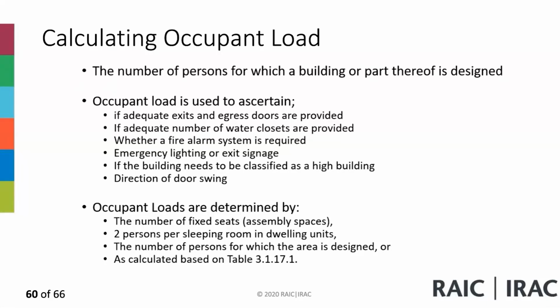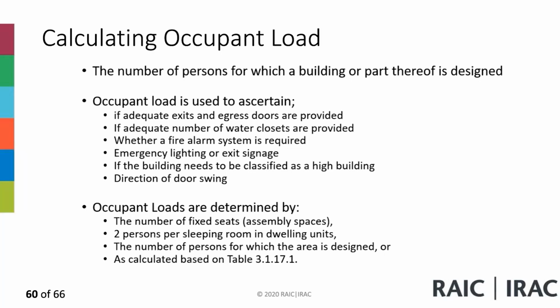The occupant load is used to ascertain if adequate exits and egress doors are provided, enough water closets are provided. We also saw that for a fire alarm, the conditions for providing a fire alarm in a non-sprinklered building depend on the number of people in the building.